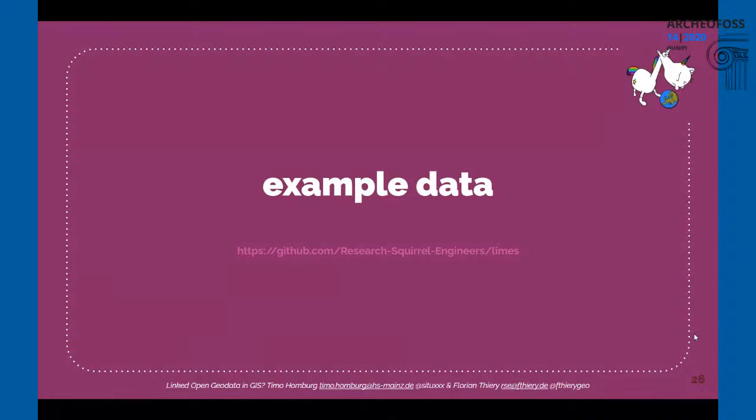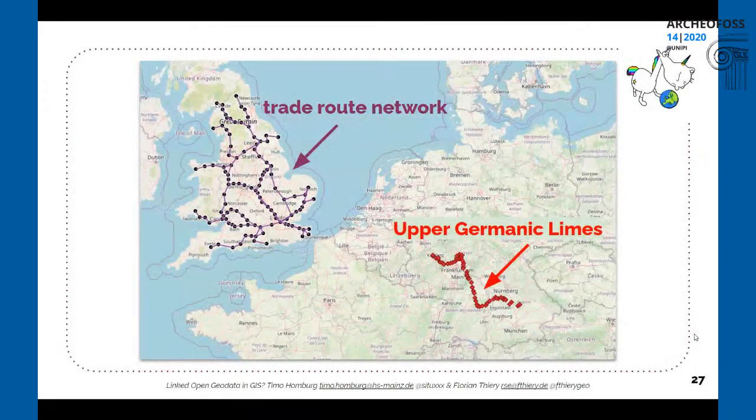But first, some example data. So in order to use archaeologically related data, we chose 2 data sets. One is a trade route network in Great Britain, and one is the Upper Germanic Limes, just to illustrate the functions that I present along in the presentation.